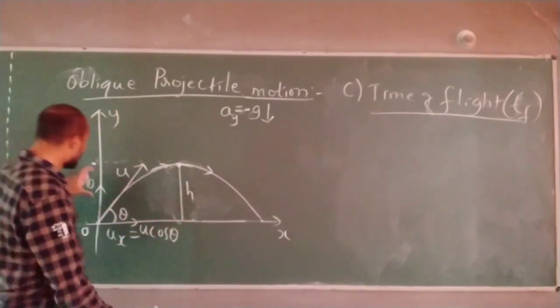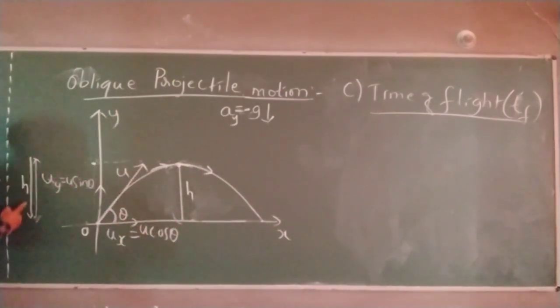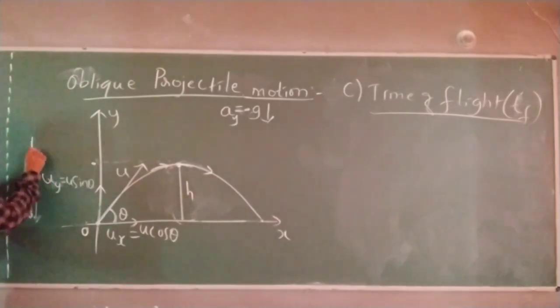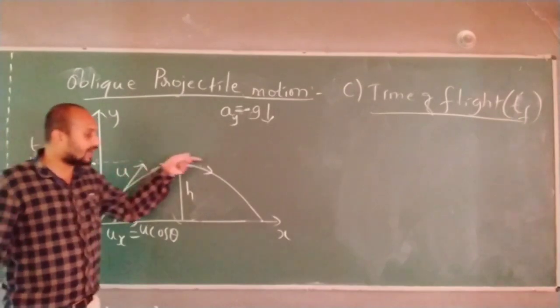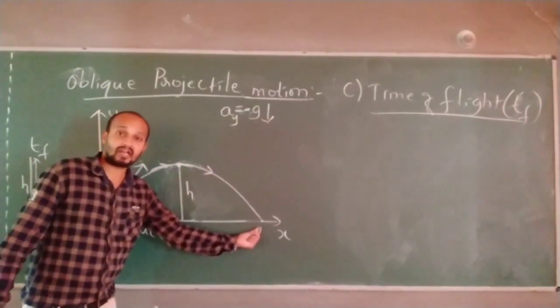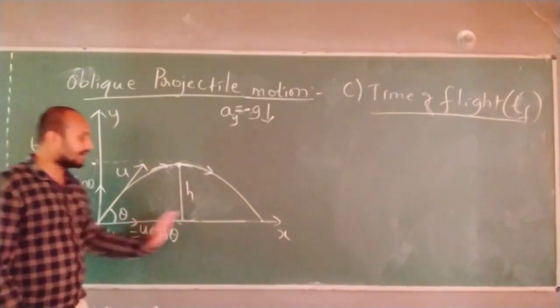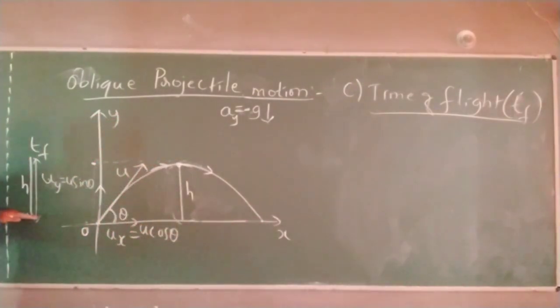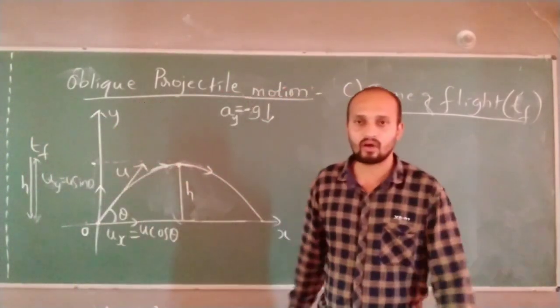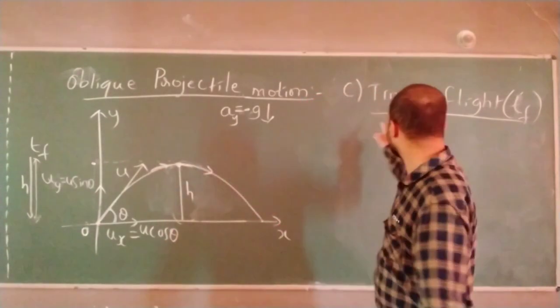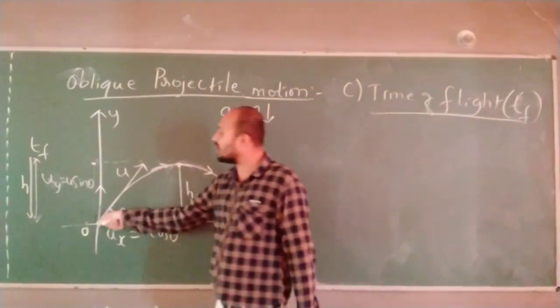So along the y-axis, the journey to reach height h and again come back to its original position, both times taken are the same, as I said before. So here I will analyze time of flight along the y-axis.